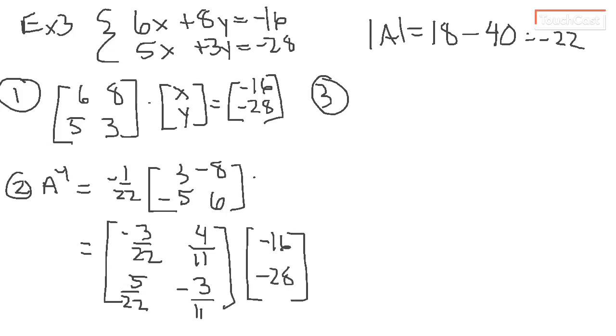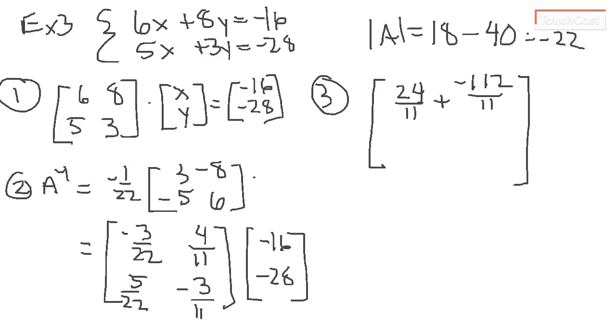So I'm going to take my first row and multiply it first by the negative 16 and the negative 28. 3 over 22 times negative 16 can simplify and give us 24 over 11 plus 4 elevenths times 28, which gives us negative 112 over 11.